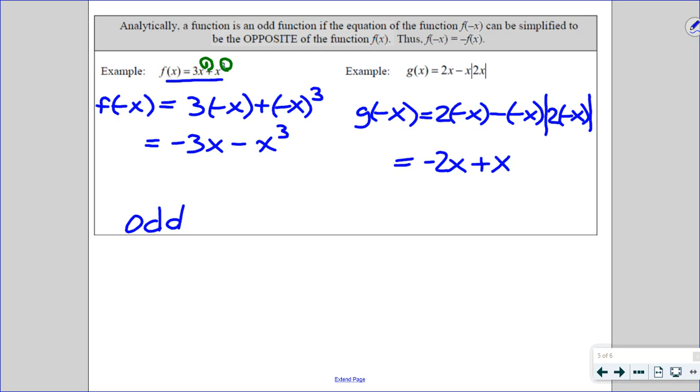On the inside of the absolute value, 2 times negative x is negative 2x. But remember, absolute value is always positive. So the absolute value of negative 2x is going to be the same as the absolute value of 2x. And so now, if you compare back to the original equation, you can see that the sign of each term is now the opposite. And again, that tells us that this is an odd function.